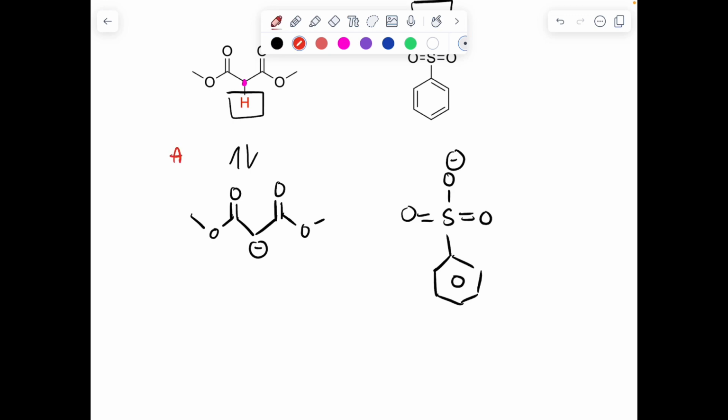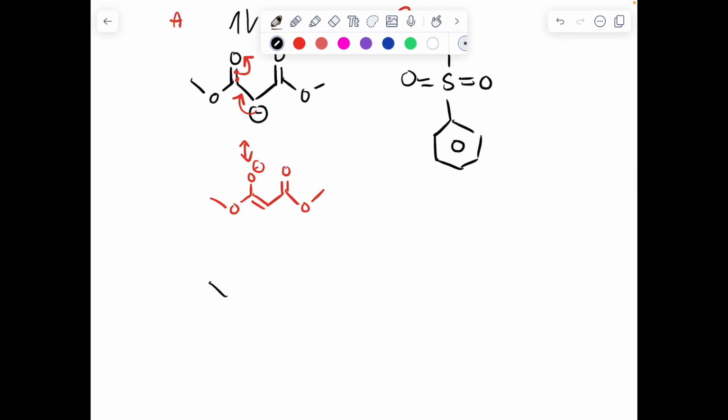So for compound A and compound B, for this negative charge, we can create a resonance form, 2 in, 2 up. We could say, oh look, we can move that negative charge from the carbon to the oxygen. So what does this do? This delocalizes the negative charge and it stabilizes the conjugate base.